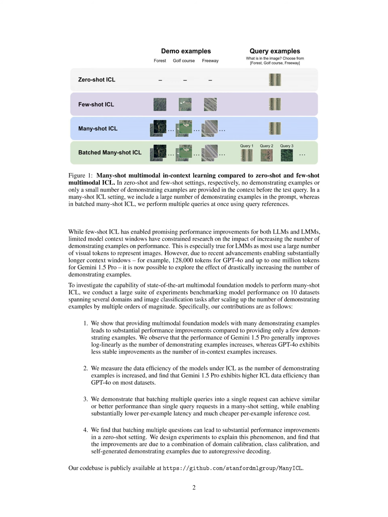Overall, the results demonstrated the effectiveness of many-shot ICL in improving model performance and reducing per-example latency and inference costs, highlighting the potential practical implications of this approach for adapting large multimodal models to new tasks and domains.